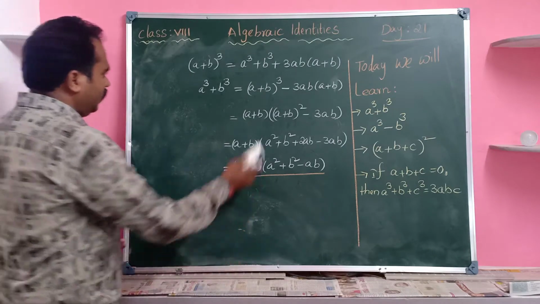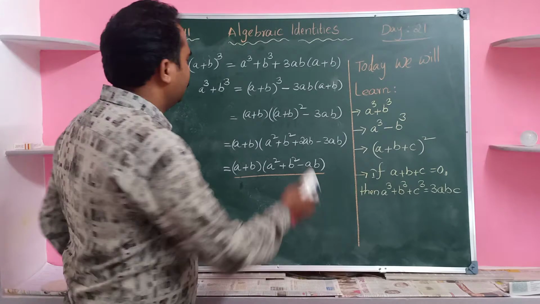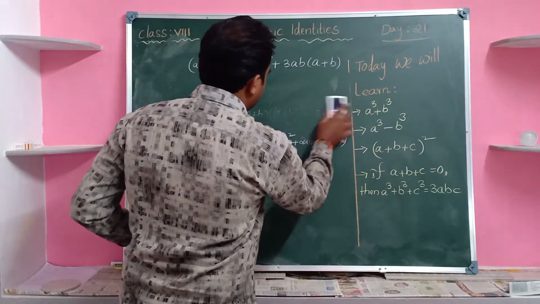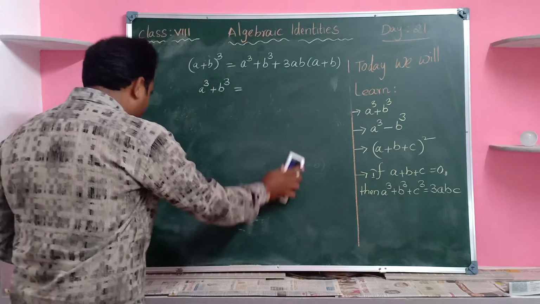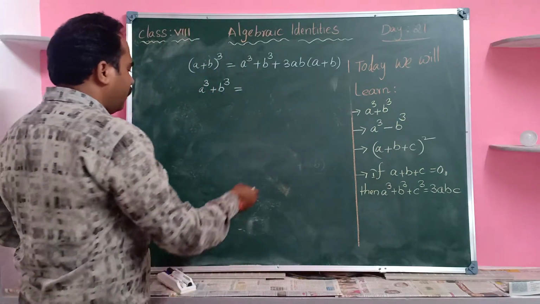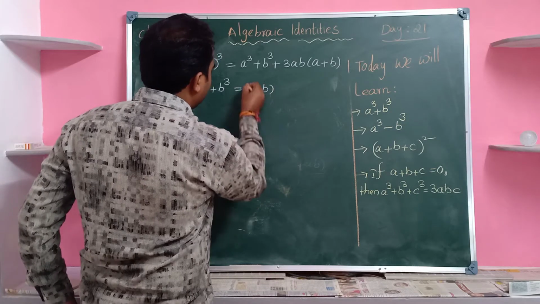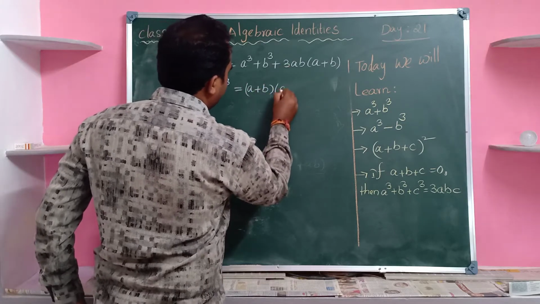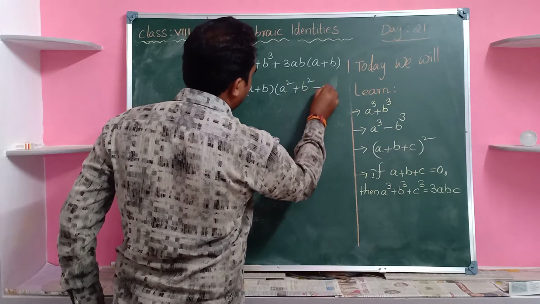Similarly, we can write for a^3 - b^3 also. So a^3 + b^3 is equal to, from our derivation, (a+b)(a^2 + b^2 - ab).